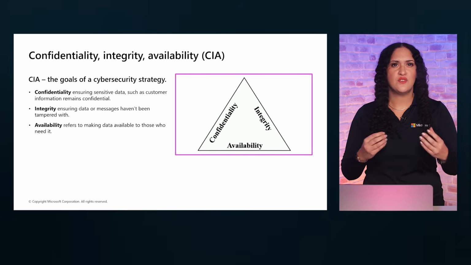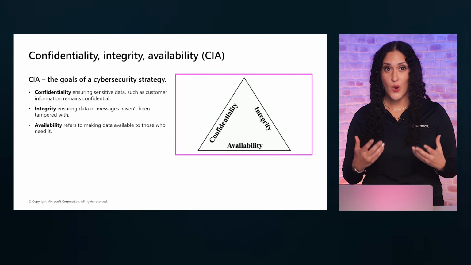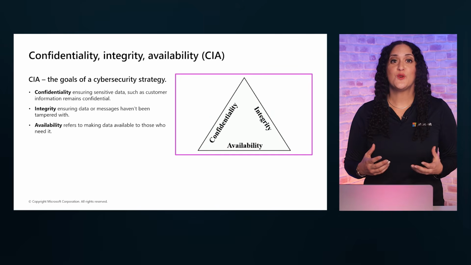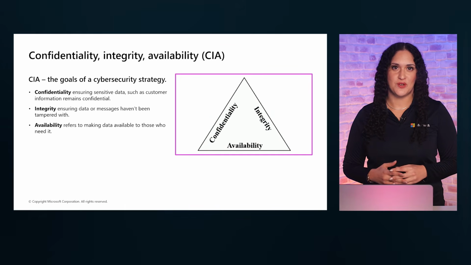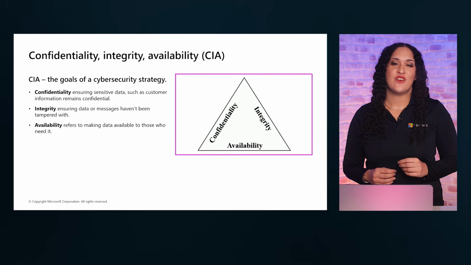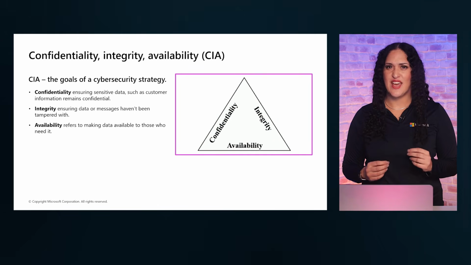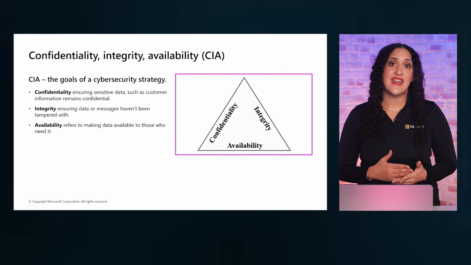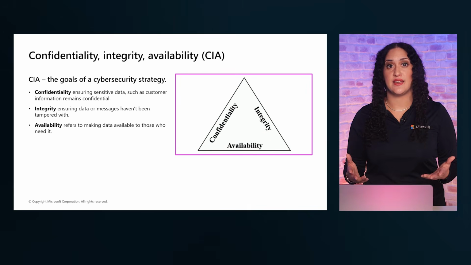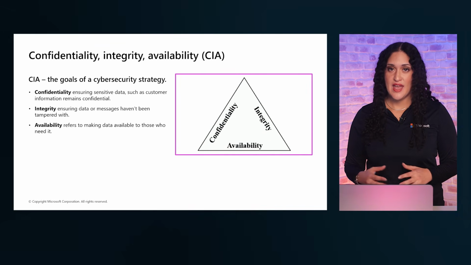Confidentiality is about making sure sensitive information is seen only by the right people, using controls like access permissions and encryption. Integrity focuses on keeping data accurate and trustworthy, ensuring it hasn't been altered accidentally or even maliciously.